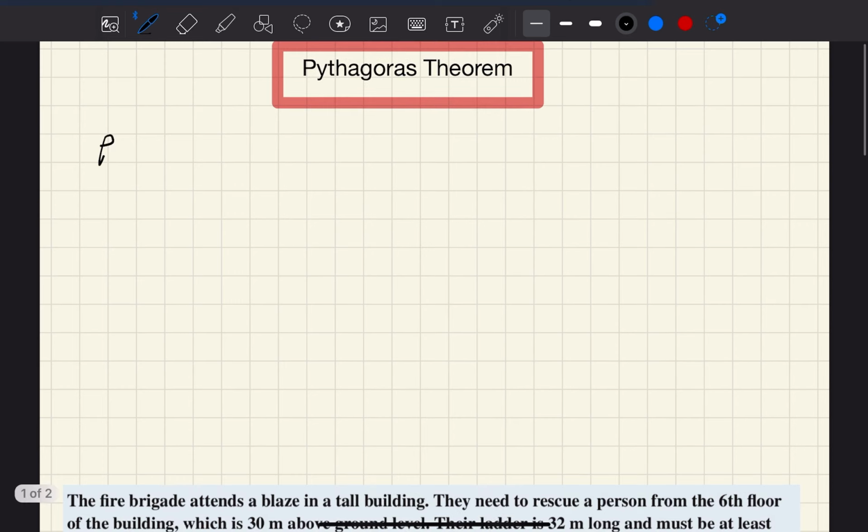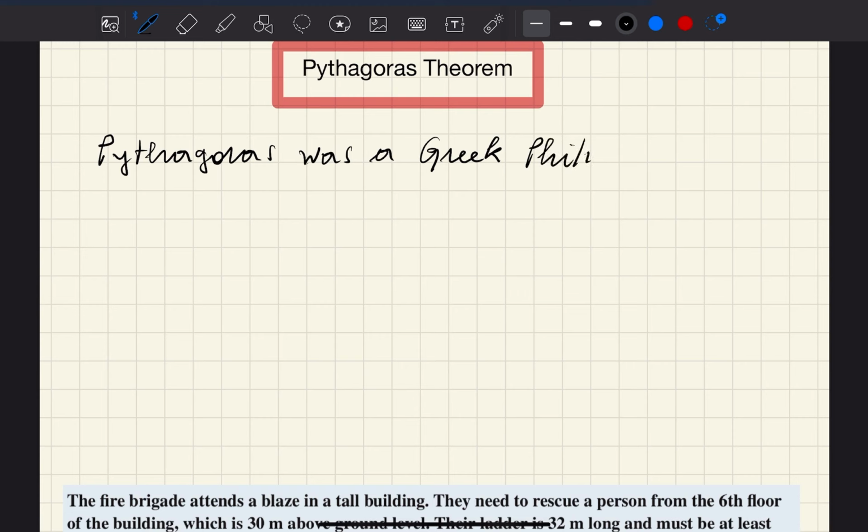Pythagoras is a Greek, or was a Greek philosopher, and I'll put mathematician as well at the same time, because many philosophers back then were mathematicians as well.